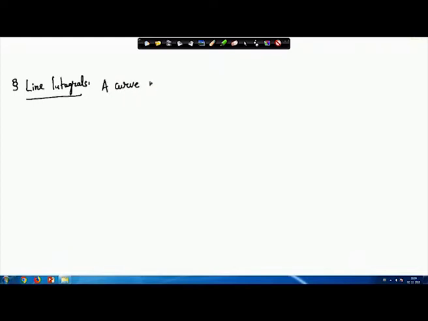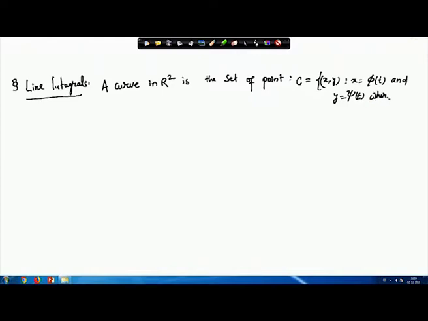A curve in R2 is the set of points C, which equals all such x and y such that x equals some phi(t) and y equals some psi(t), where t lies between a and b.